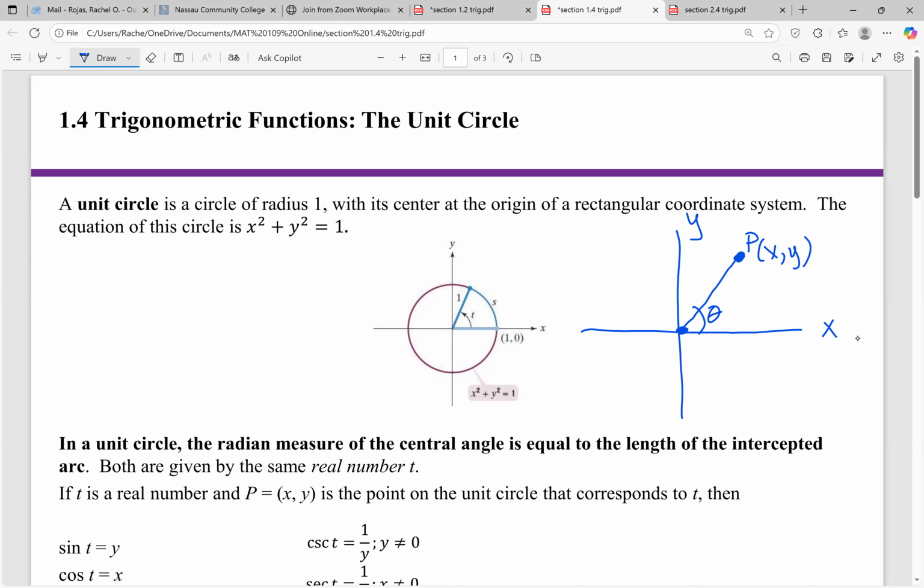When we formed angle theta, the terminal ray went through the point P, (x, y).